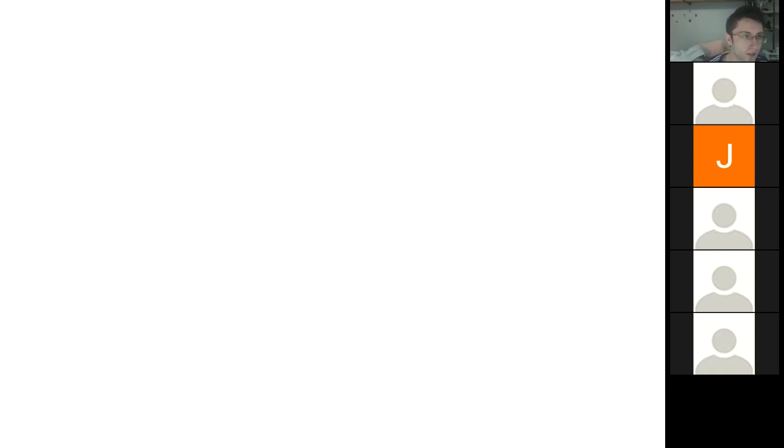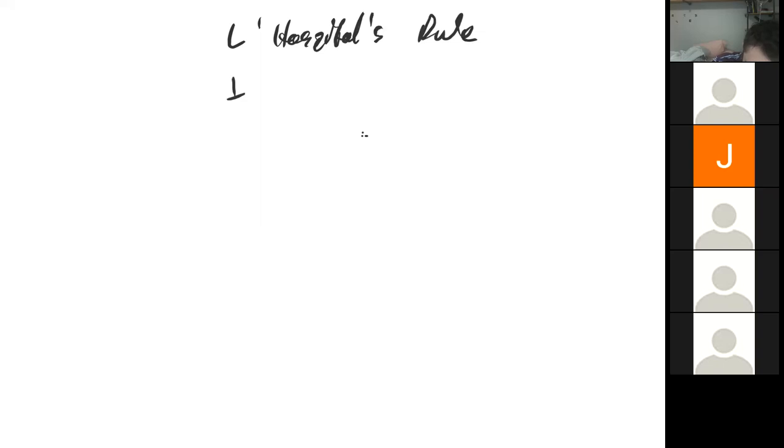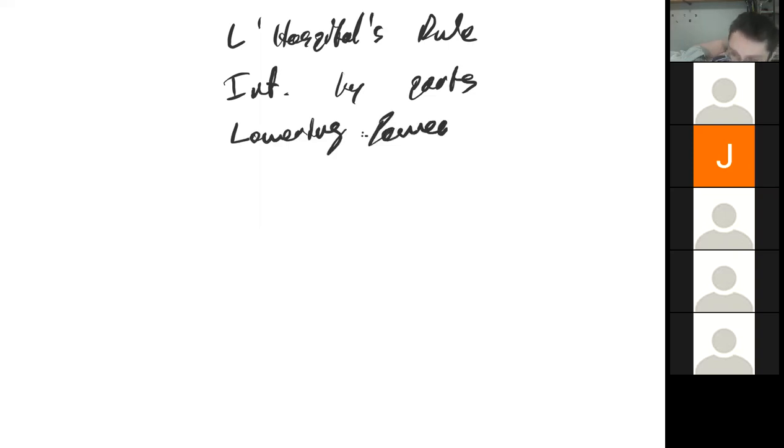And the main topics that you have to be familiar with are L'Hopital's rule. I'll write these down. So L'Hopital's rule, integration by parts, how to use formulas like lowering powers. So we talked a little bit about this last time. So like lowering powers and double angle formula, and well, I guess the reduction formulas are the same as the lowering powers formula.